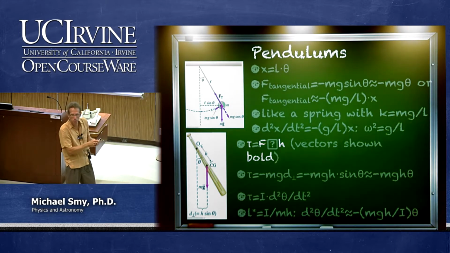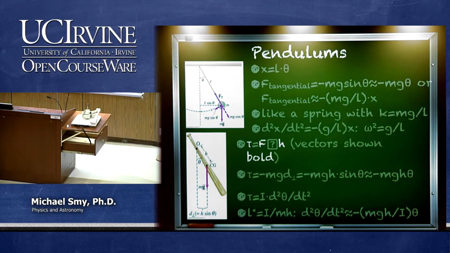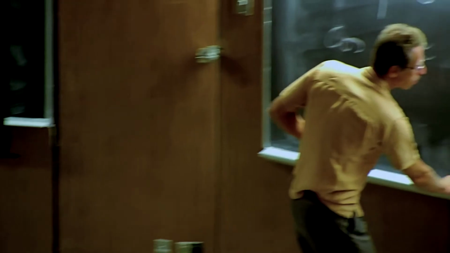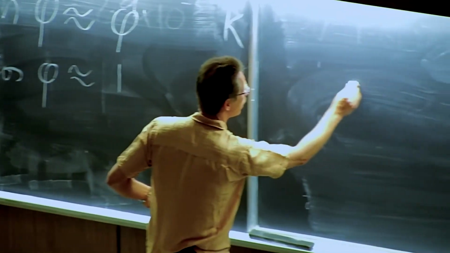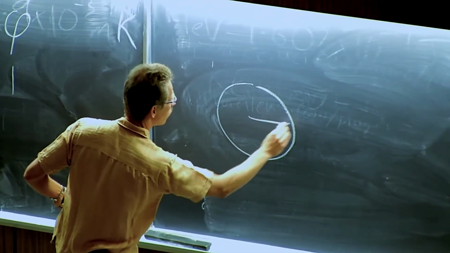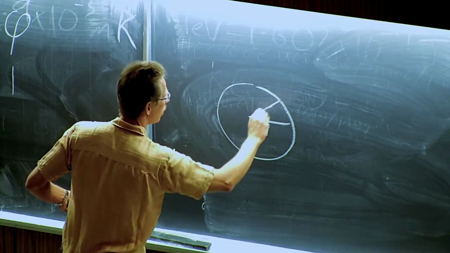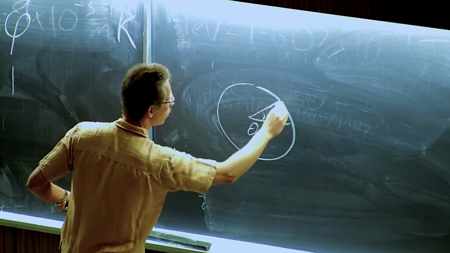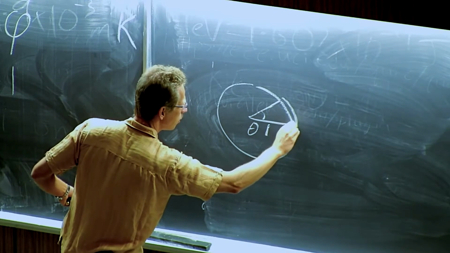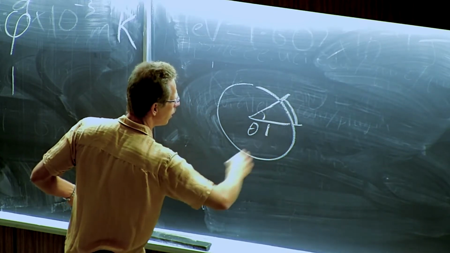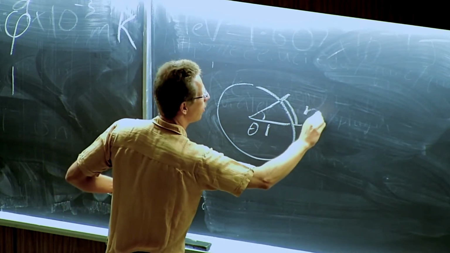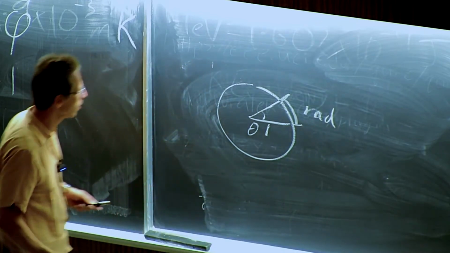This is simply the definition of an angle. Let me remind you that the way the mathematicians define an angle is they make a unit circle. And this is the angle theta. And they say this distance here is the amount of radians for that angle.